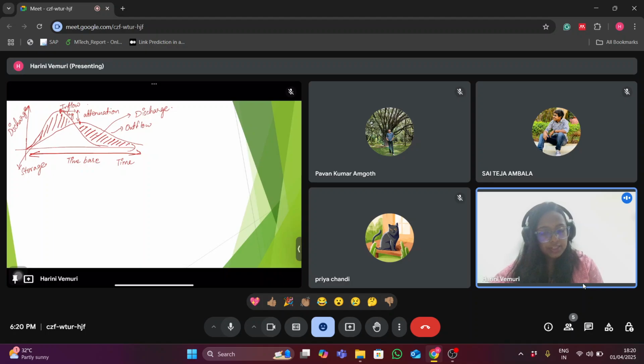So generally, both these areas should be equal, because whatever amount that we are storing will be discharged at a later time. So mostly these areas should be equal. This is discharge from storage. Okay.